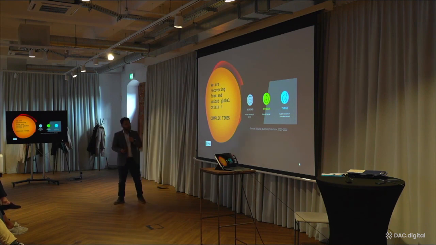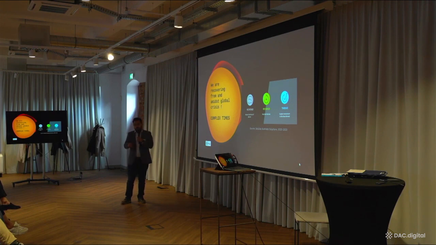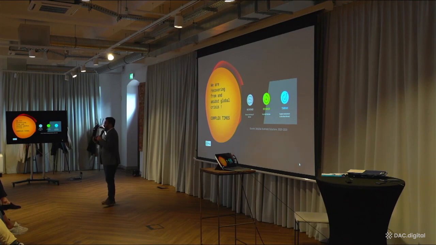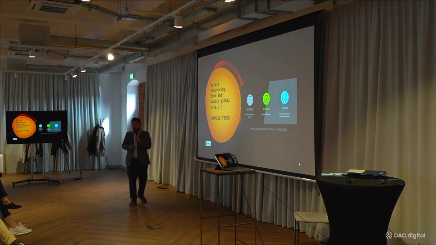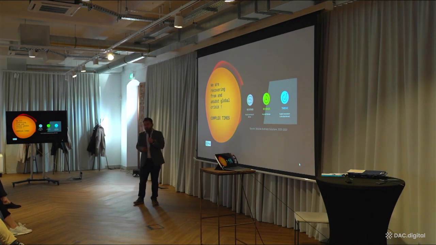Both crises, COVID and the Russian war on Ukraine, have had and will have global implications. In the current crisis we are responding, and in the other one we are trying to recover. So we are very far from thriving out of this crisis.